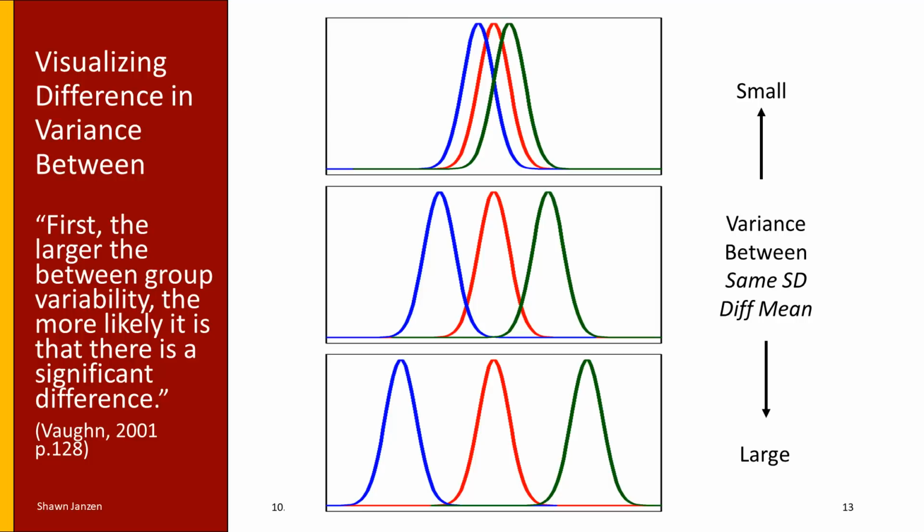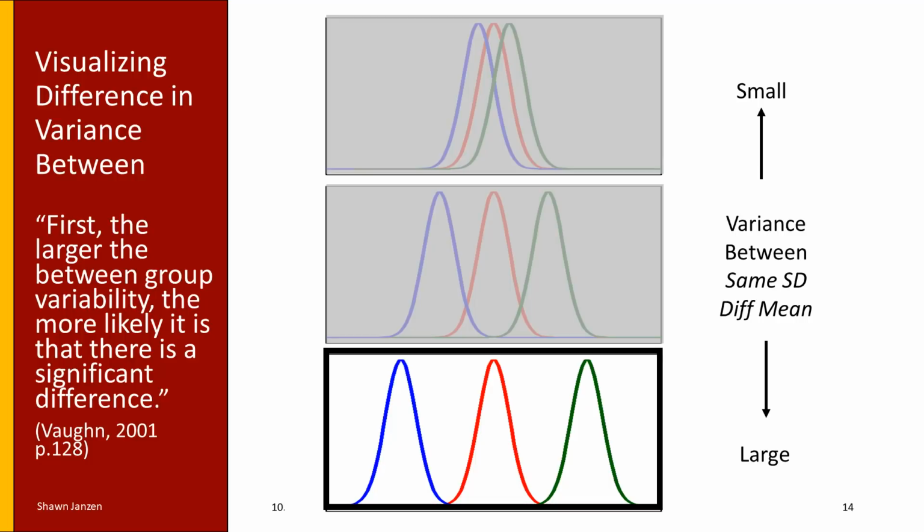We're not really picking on any one in particular at the moment. But just generically speaking, as your variation between increases, the distributions move farther apart from each other. They become easier to see relative to each other, and then say that yes, they are indeed different enough from each other. And so if I go to the largest, they are indeed the farthest apart relative to the others.